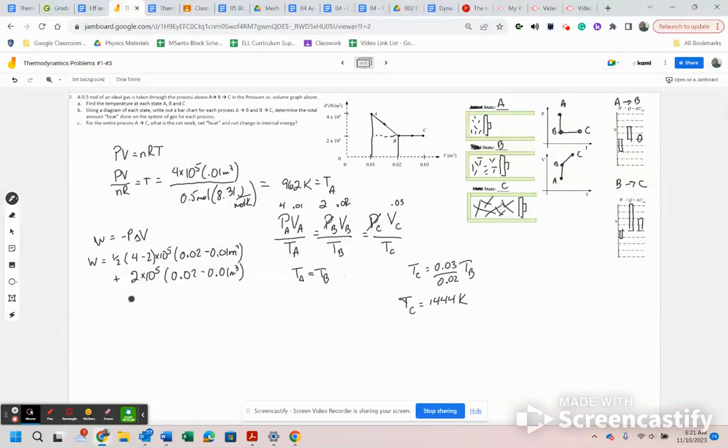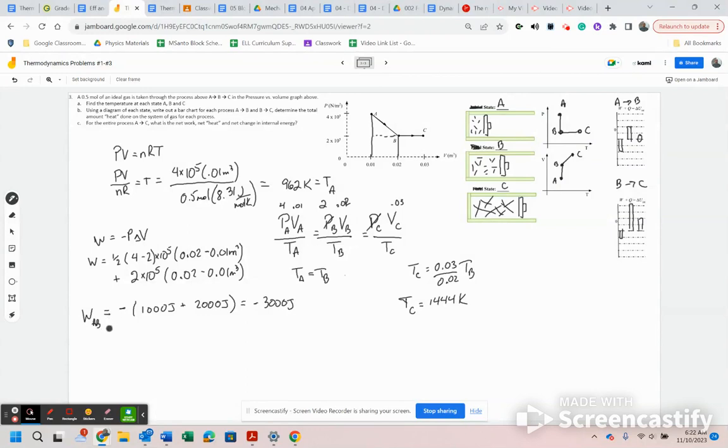Because it is expanding, this whole value is going to be negative. So that triangle will give us negative 1,000 joules plus negative 2,000 joules. So the work done here will be negative 3,000 joules for process A to B.